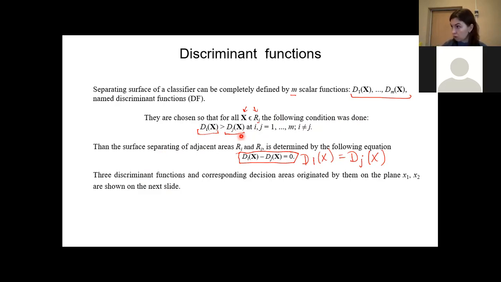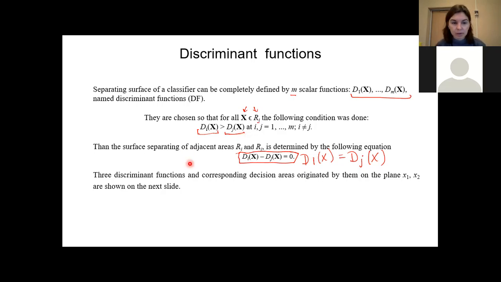It's a rule. How do you describe it? Not now. A discriminant function is some function that should have this property. This is the property of the discriminant function. How to find the discriminant functions is the second step.